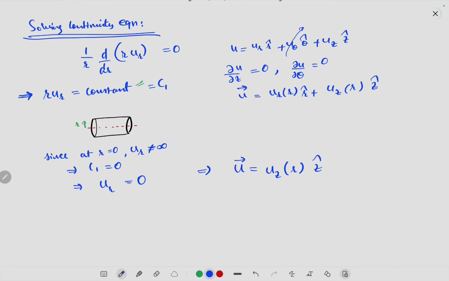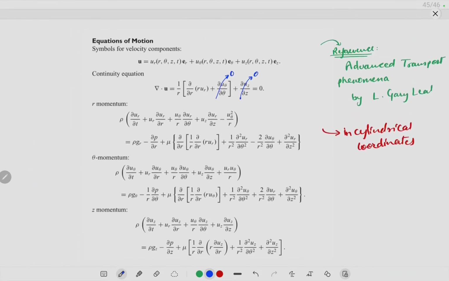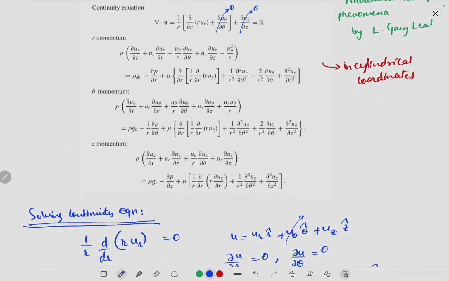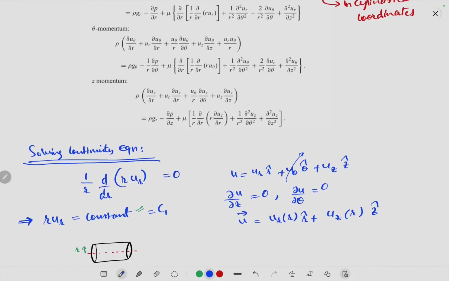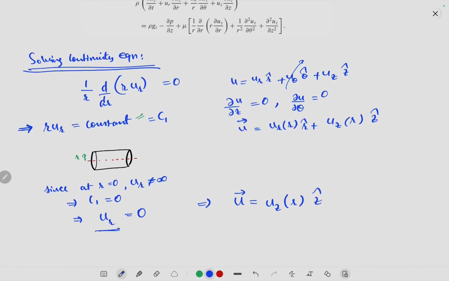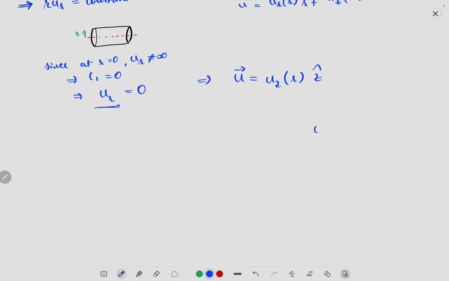Now let's solve the other momentum equations. So from here, u_r and u_theta are 0.